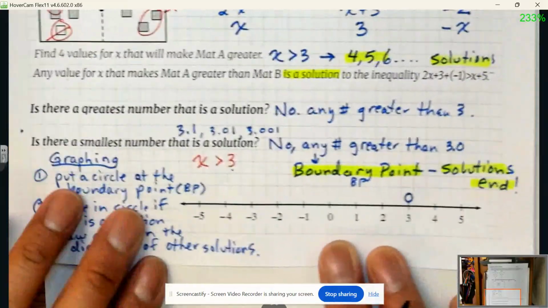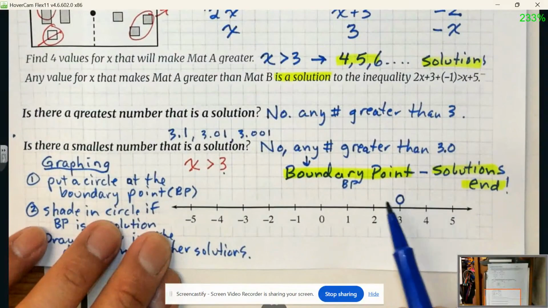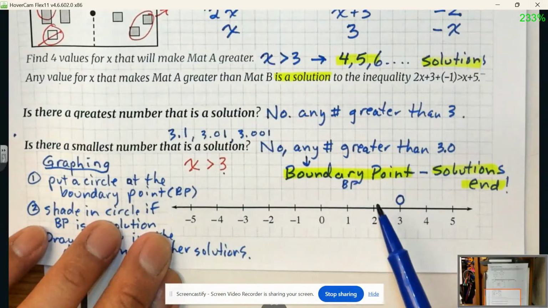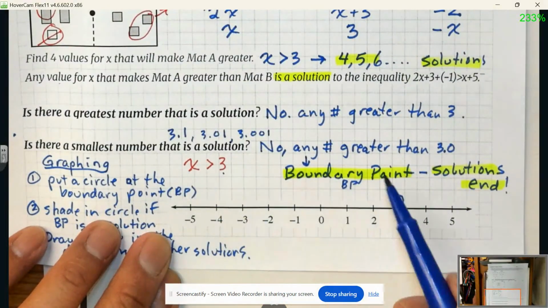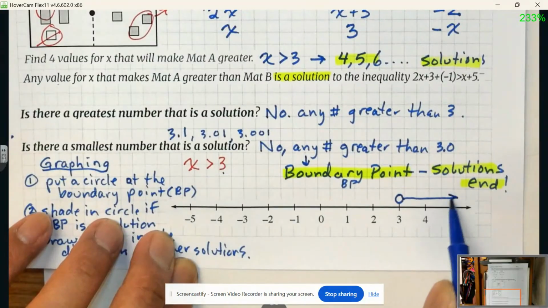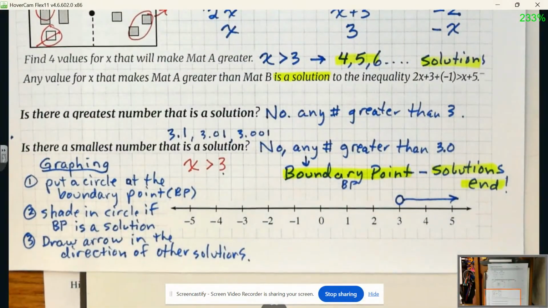Okay, so let's look at other solutions that we can plug in for x is greater than 3. So we start to the left. 2. Is 2 greater than 3? No, it's not. So let's look to the right. Is 4 greater than 3? Yes, it is. So that means we are going to go to the right, because 4, 5, 6, and all those other numbers are solutions to x is greater than 3.